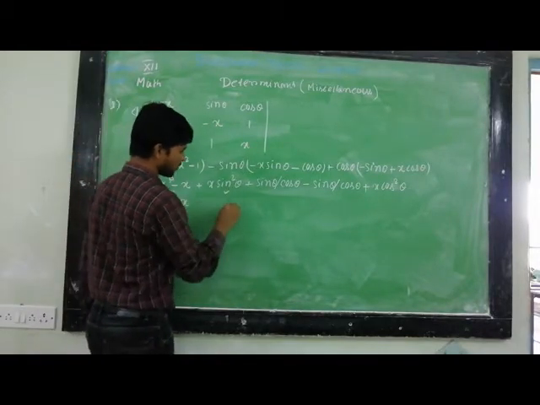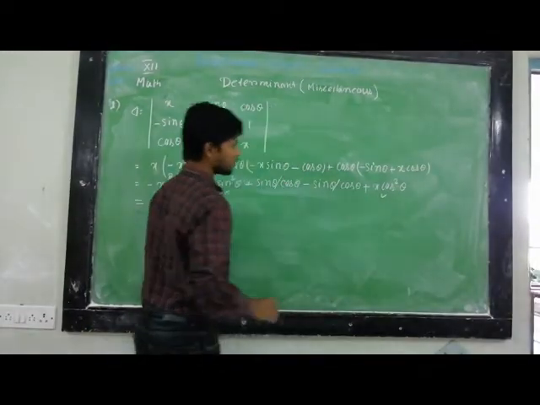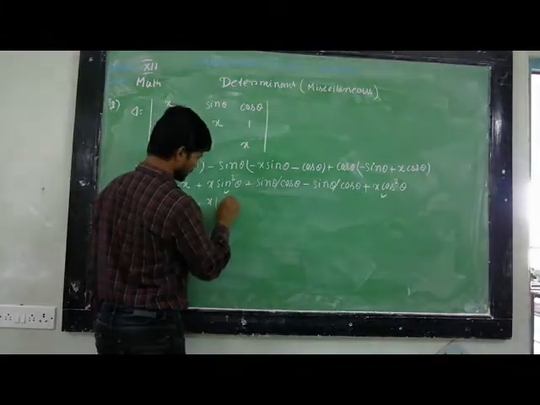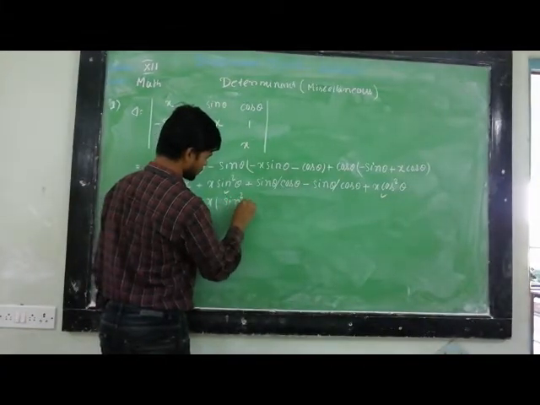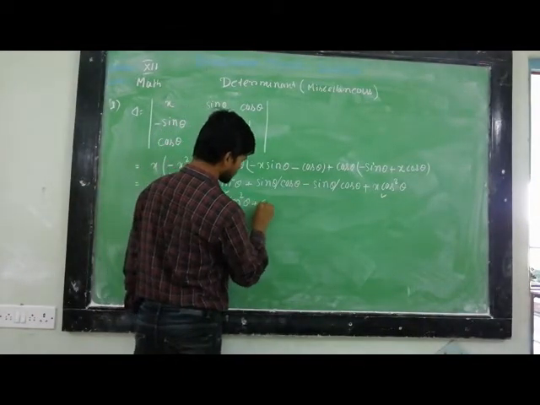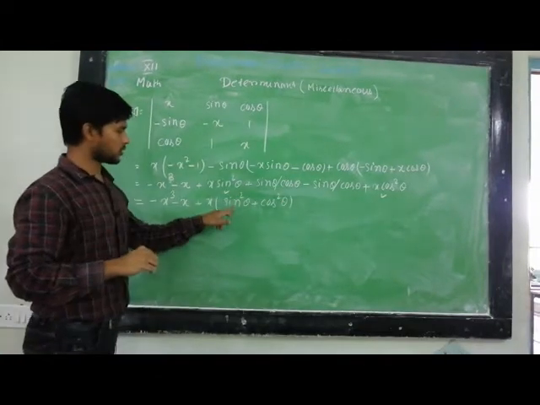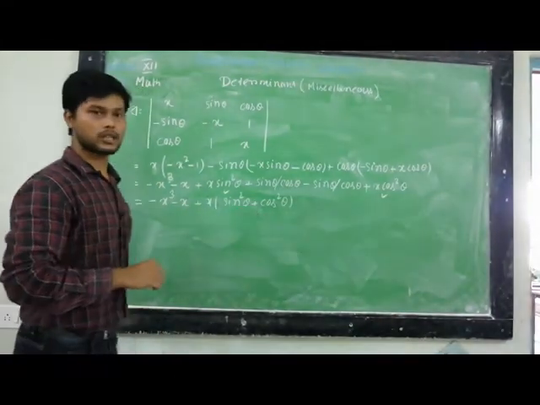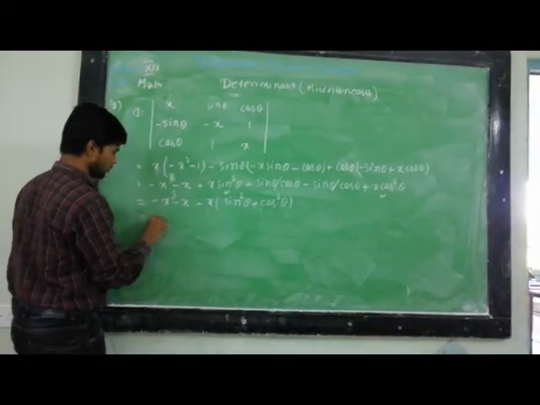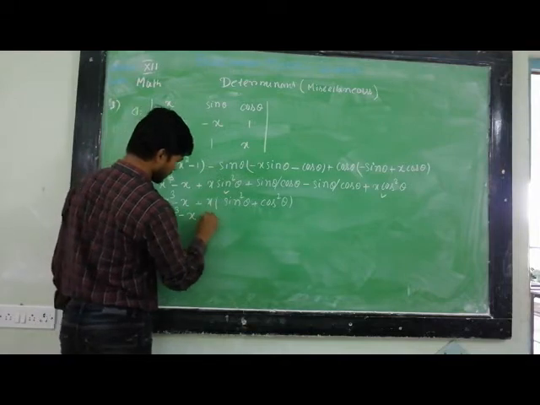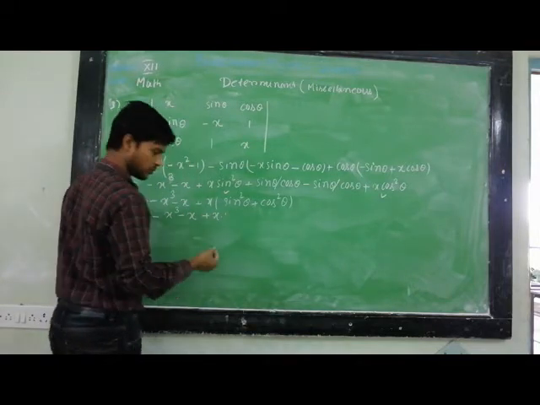Now if I take x common from these two terms, x into (sin square theta plus cos square theta), and we know that sin square theta plus cos square theta is equal to 1. That equals minus x cube minus x plus x into 1, means x.